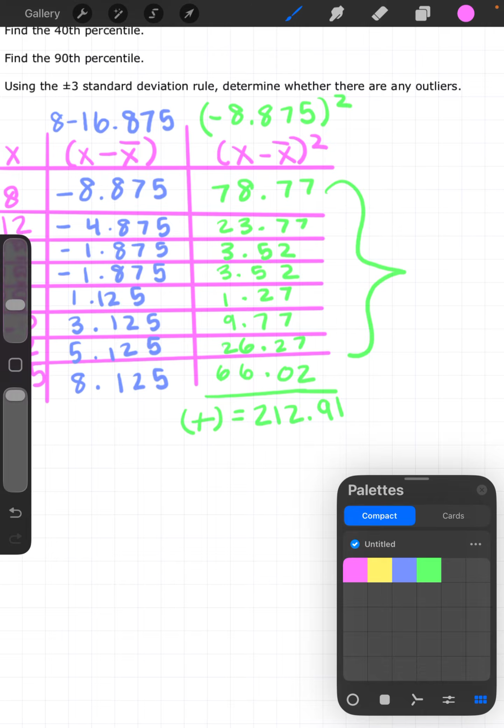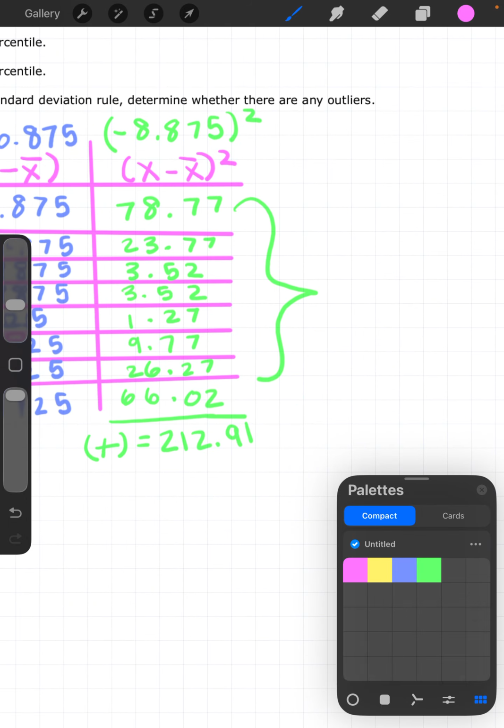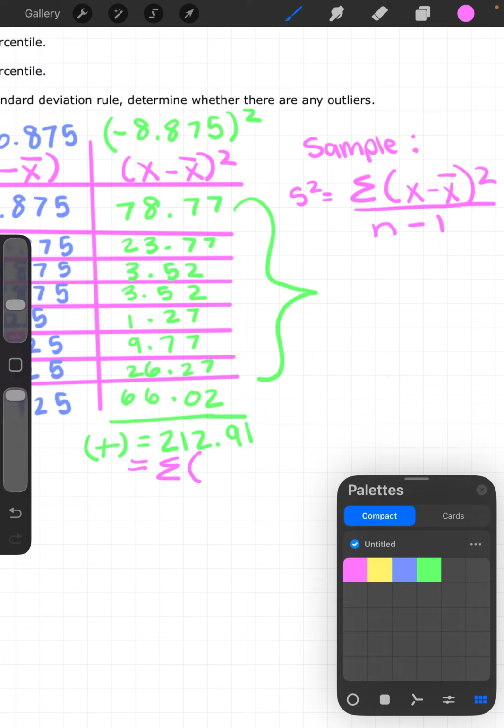And okay, so since this is a sample, we're gonna follow this equation. And this is basically equal to all of it. This just means all of it adding up.